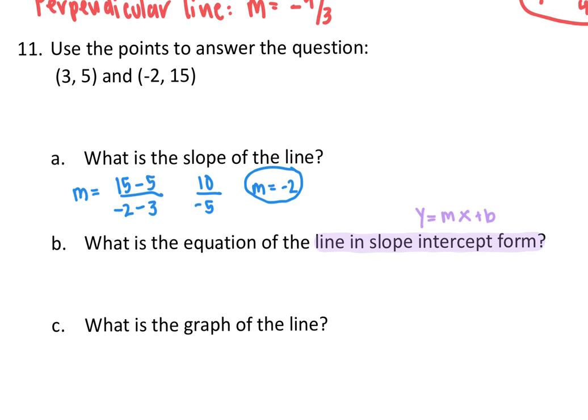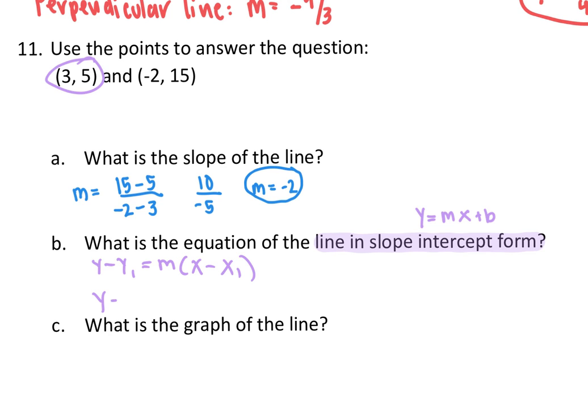Okay, so we can use either point. I'm just going to use the point (3,5) because they're both positive. So we first find the slope, but we did that. Then the second step we do is we put it into y minus y1 equals m times x minus x1.